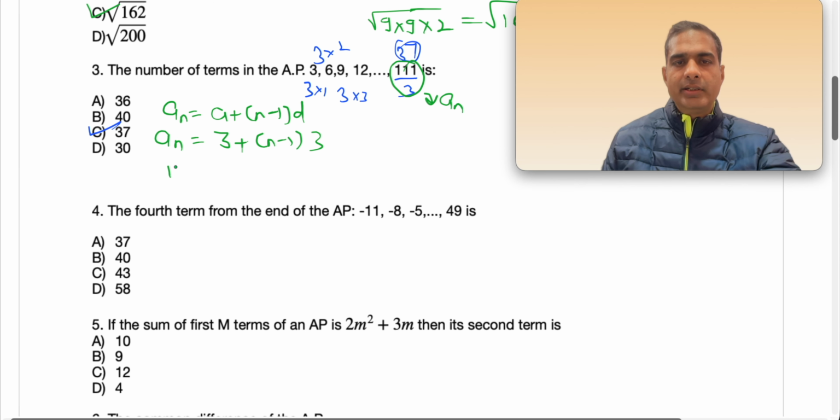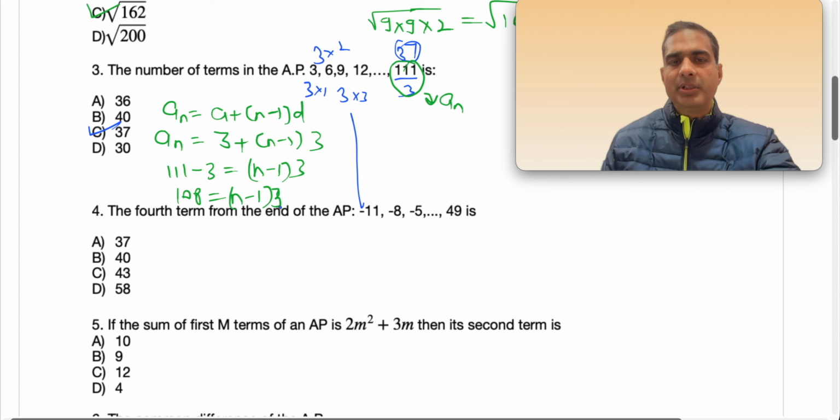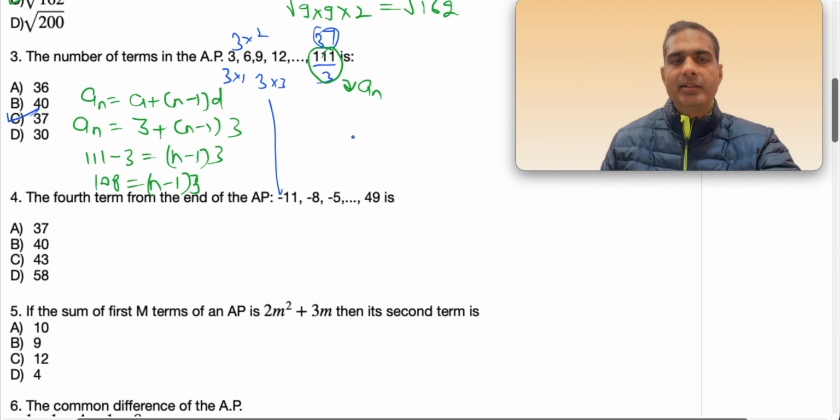So 111, and we can take 3 to the left hand side, so it will become negative, is equal to n minus 1 times 3. So 111 minus 3 is 108, is equal to n minus 1 times 3. And if we take 3 to the left hand side, on the right hand side it is in multiplication, so on the left hand side it will become division.